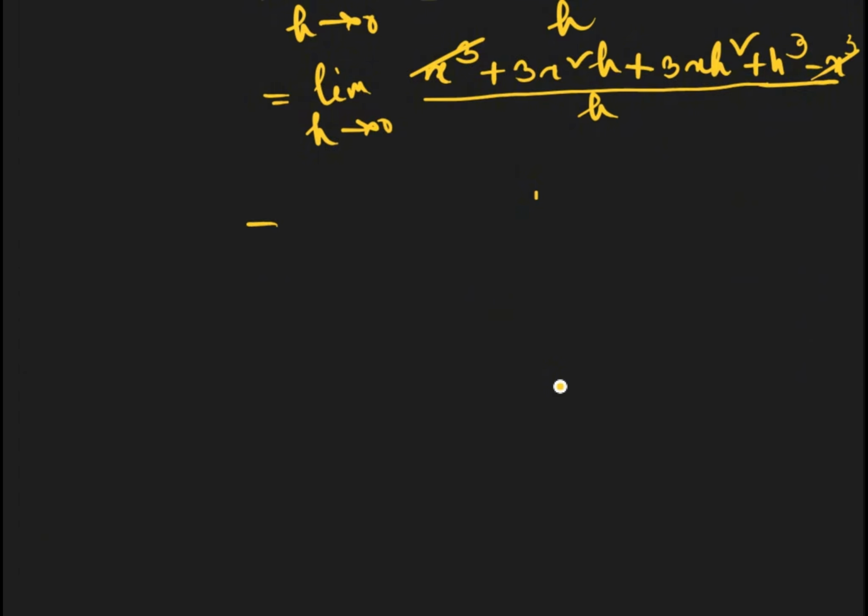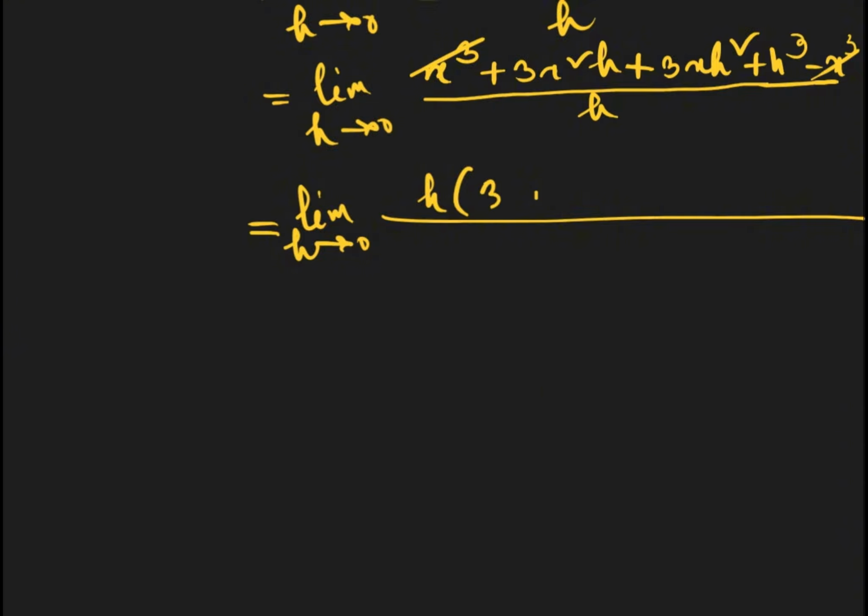So the following line will be, of course, limit h tends to 0, and here at the denominator h. Let's take h as a common part from each of the terms.